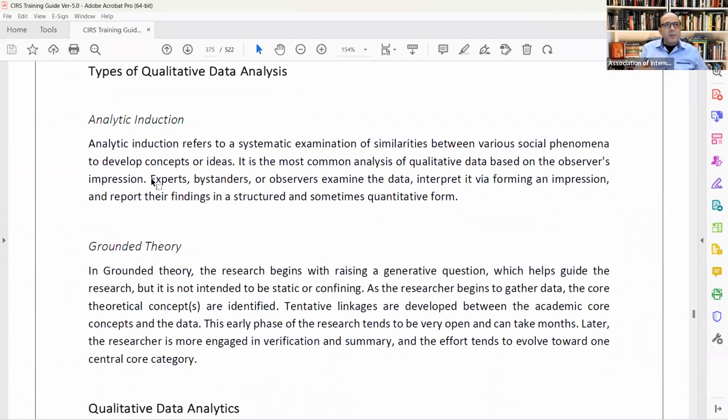It's sometimes considered biased, if you have very strong ideas about something or someone. So this is the only drawback. Analytic induction means that you are bringing your own opinion, your own viewpoint. Grounded theory, like I said, has a process attached to it that's called ethnography.